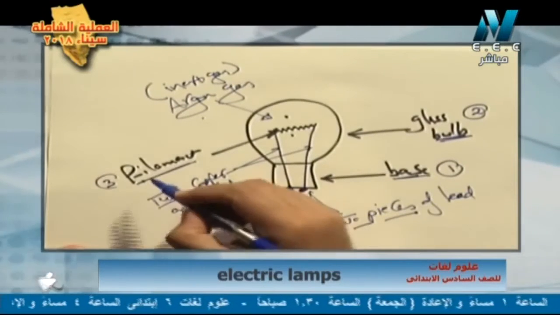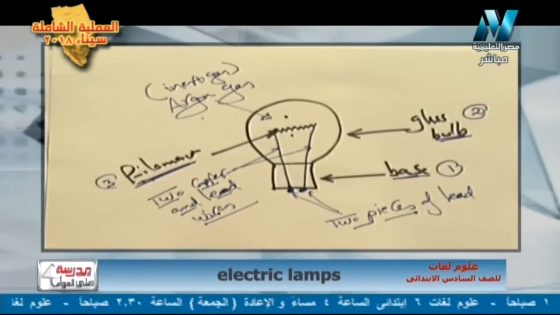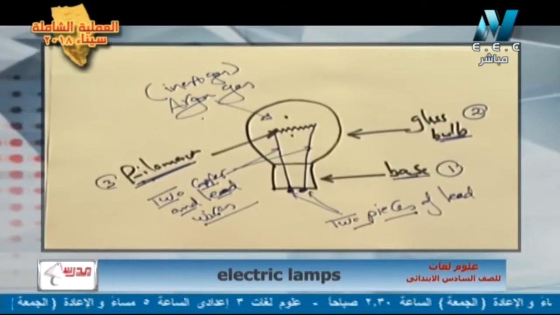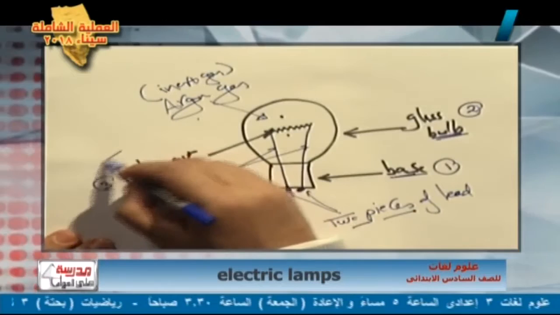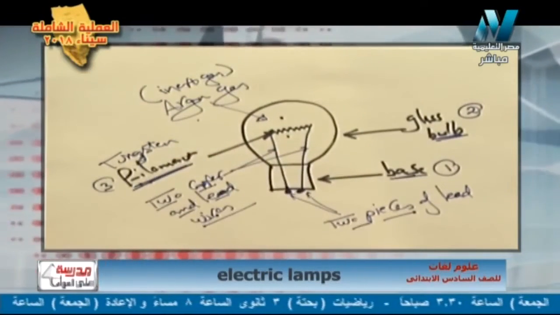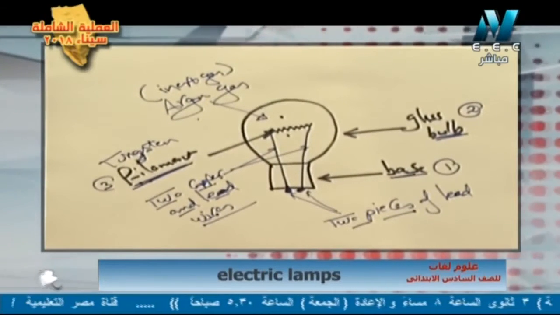So what about the filament? We certainly don't know what it's made of, we haven't heard about it before. The filament will be made of a very important and valuable metal which is called tungsten. Tungsten, why? Because it has high melting point. Can we make the filament from copper, for example, or iron?